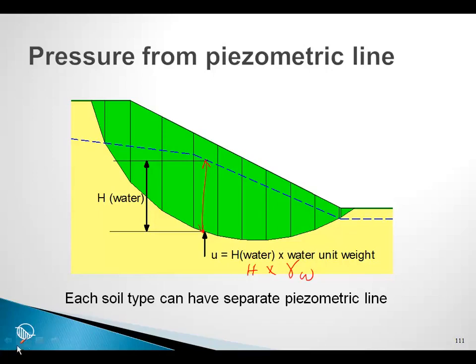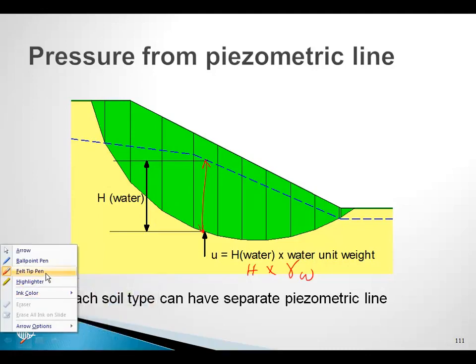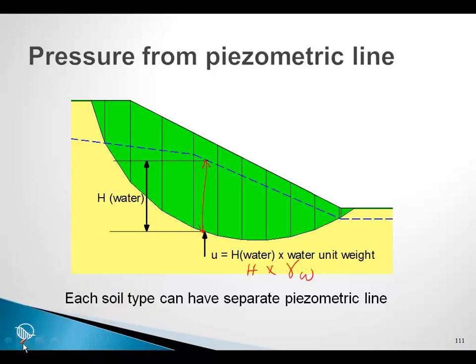If you remember flow nets from your university studies, when the flow is not entirely horizontal, there may be equipotential lines like this, and the equipotential lines are perpendicular to the piezometric line. So in actual fact, the pore water pressure here is only this much.